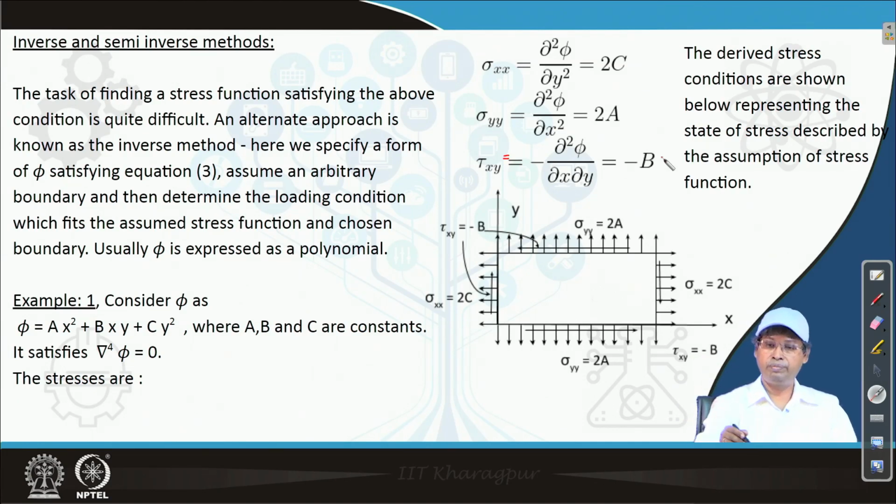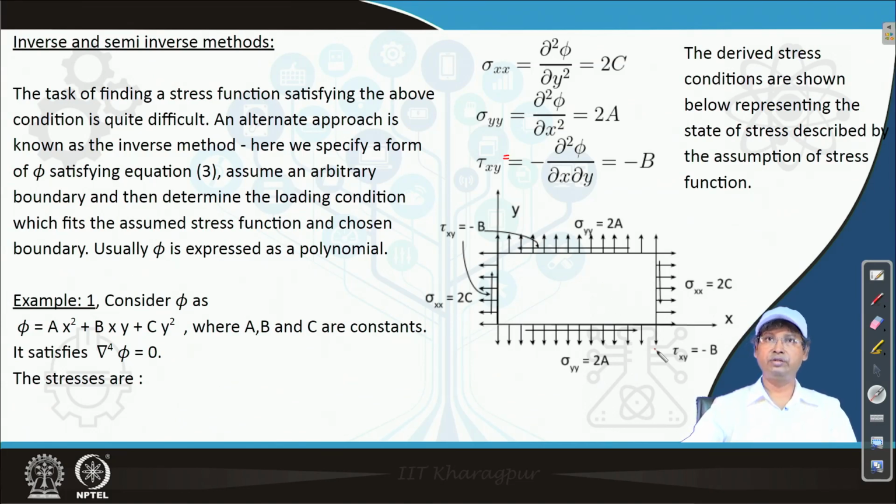If we represent all this in this particular element, sigma x is 2 c on this side as well as on that side, acting uniformly in the x direction. Sigma y y is 2 a acting in the y direction, and we have a shear stress of minus b, which is the reason the sign is shown in the opposite direction.